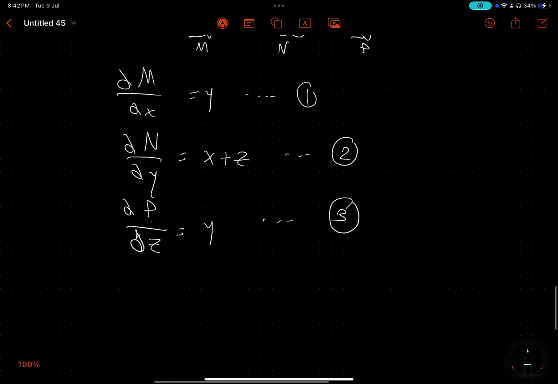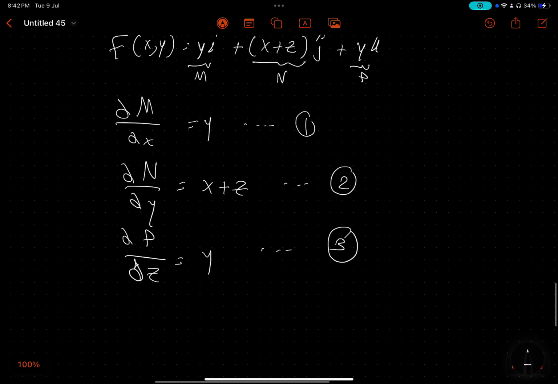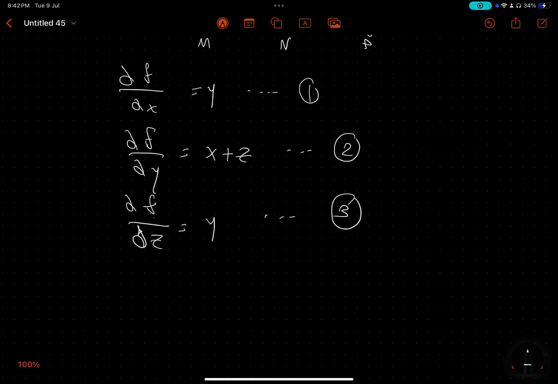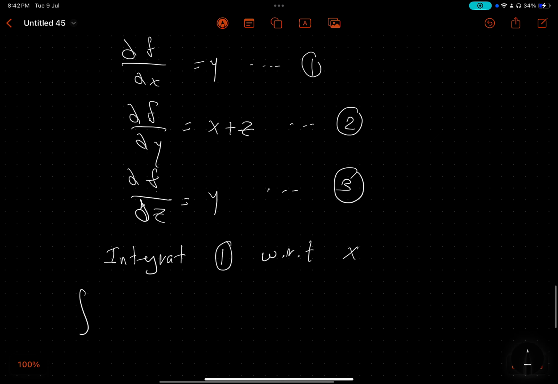Now let's do this. So actually this is df, function df. Okay, so let's do this. Now let's integrate equation 1 with respect to x. So we're gonna have the integral of y dx, which is equal to yx plus, okay, so now let's take a look at this.